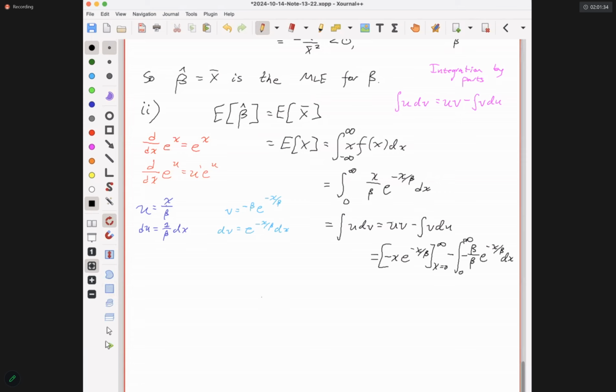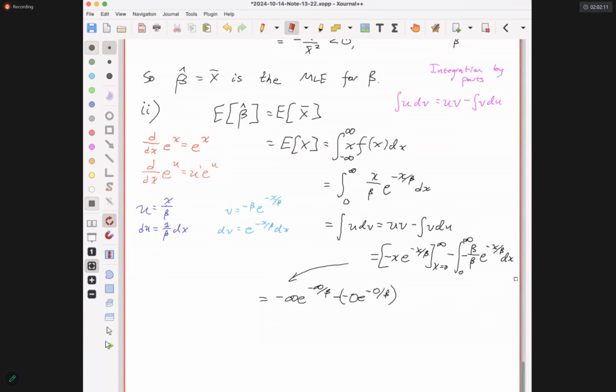And then what happens with this is we have negative infinity times e to the negative infinity over beta. The transcendental decays faster than the linear term, so that's going to be 0. Minus negative 0 times e to the negative 0 over beta, and that's going to be 1.